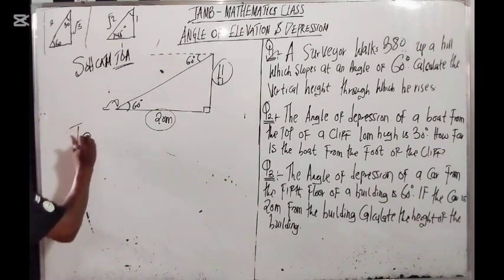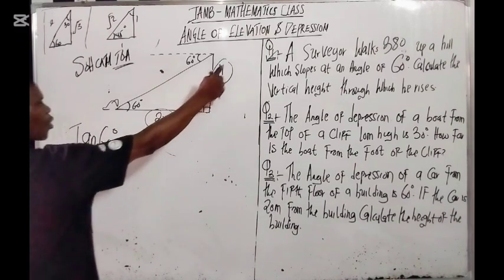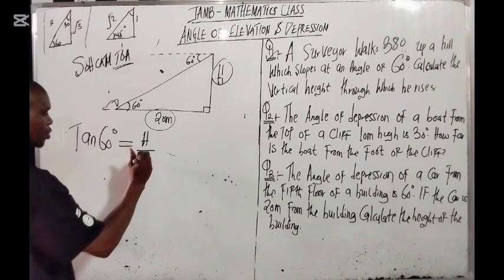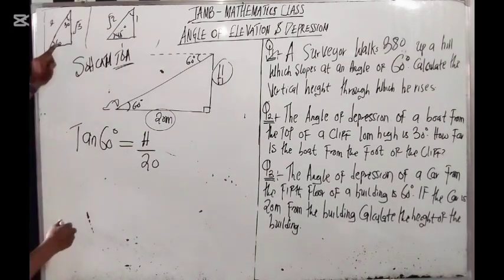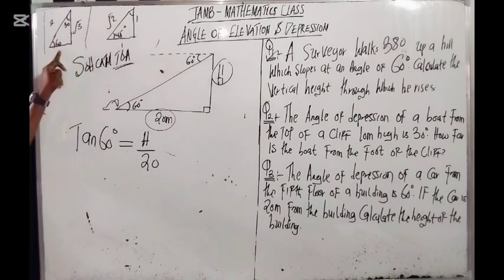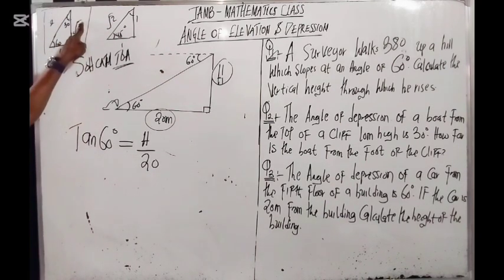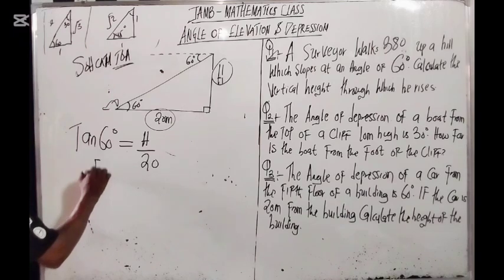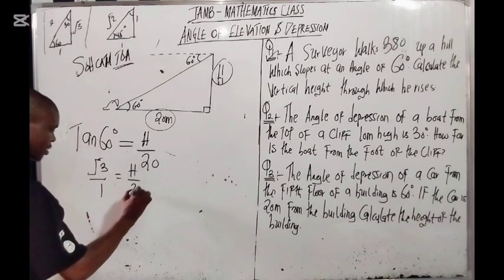Tan 60 degrees equals opposite, which is H, over adjacent, which is 20. Tan 60, remember, is opposite over adjacent in my triangle, square root of 3 over 1, equals H over 20.